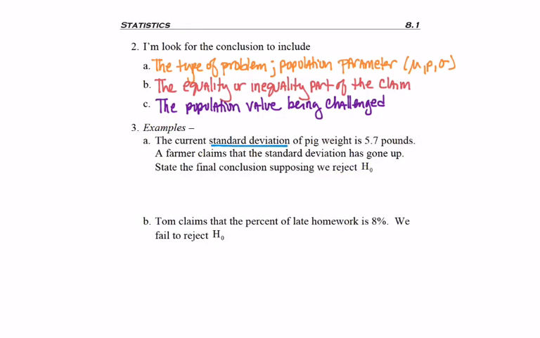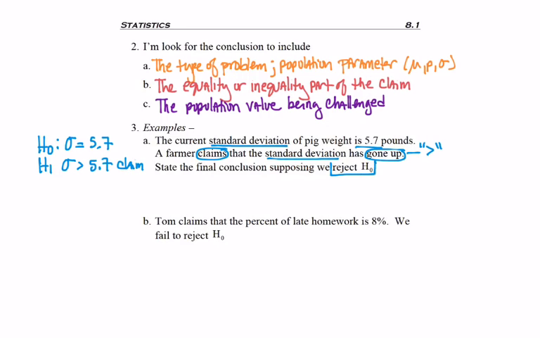So as I read the question, it talks about the standard deviation is 5.7 pounds. So that means H0 would be sigma equals 5.7, and so the alternate hypothesis still has to be sigma and 5.7. It says the farmer claims the standard deviation has gone up. So we're going to be using greater than, and I can put that in H1 and list that as my claim.